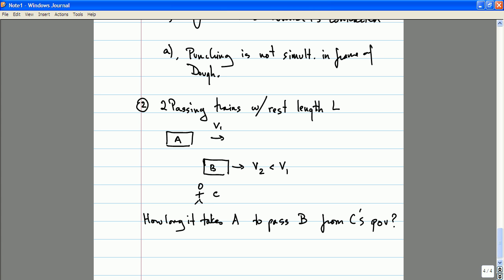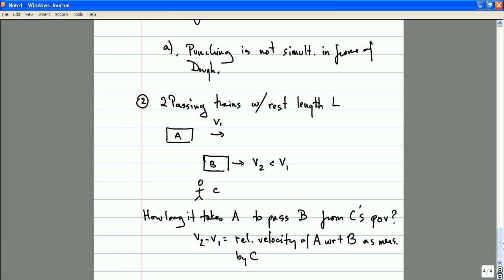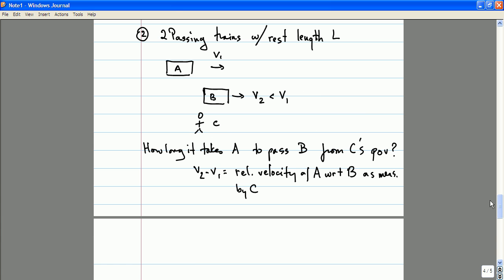So v2 minus v1 is the relative velocity of A with respect to B as measured by C. That's the relative velocity of the two trains. And then we should ask how far they have to travel.